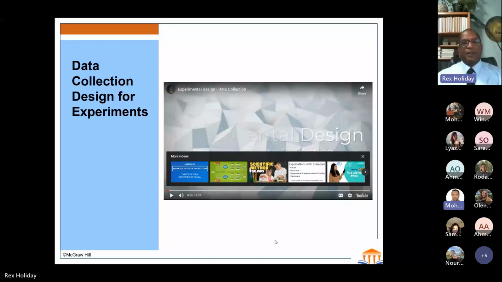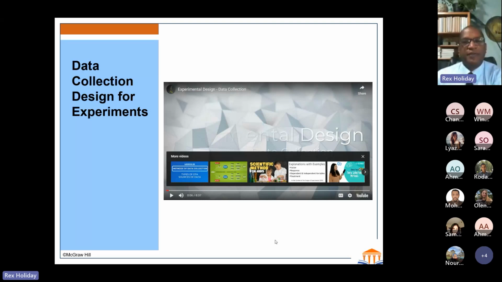Yeah, very good. So a key word that you used there was to measure. Well, anyone else? What do you think about the video? In thinking about the way the video explained data collection design for experiments and what we studied about observation, what are some of the things that you've noticed?